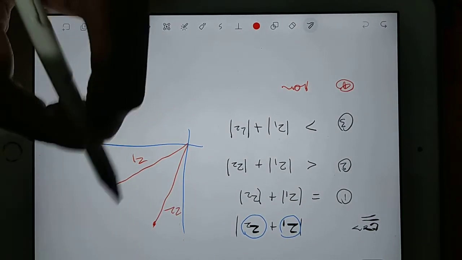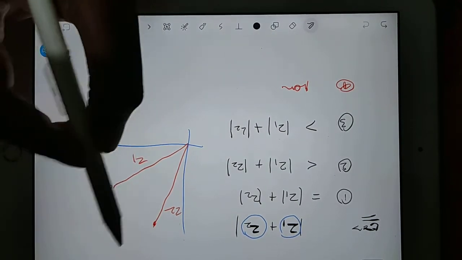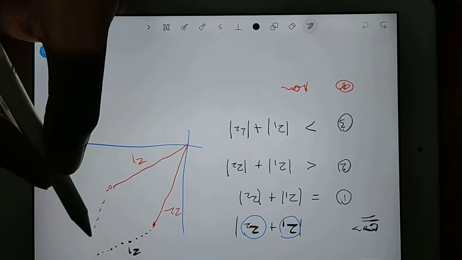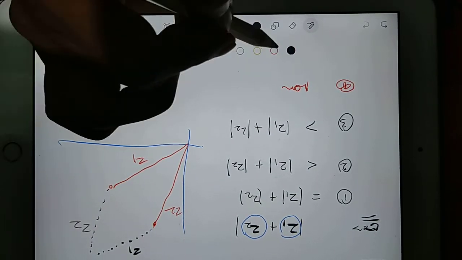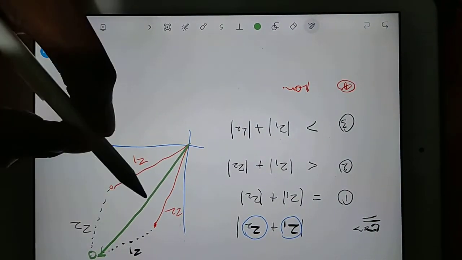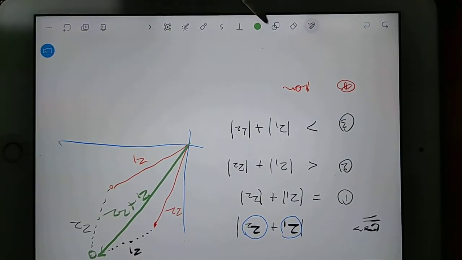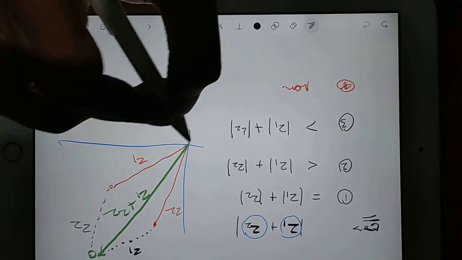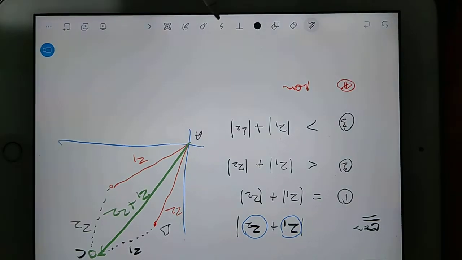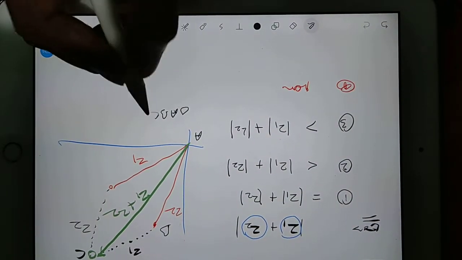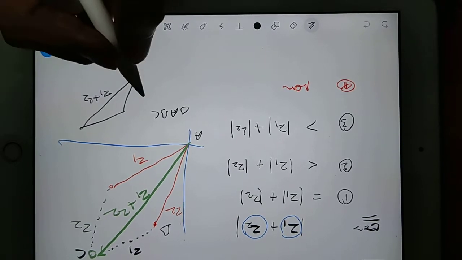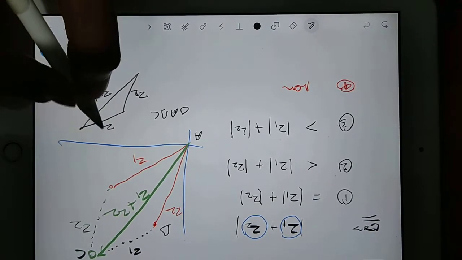Now if I draw a dotted line equal to Z1 and a dotted line equal to Z2, they will intersect at this location. If I join this, this will represent Z1 plus Z2. Suppose I name the points A, B and C. In triangle ABC, this is representing Z1 plus Z2, this is Z2 and this is Z1.